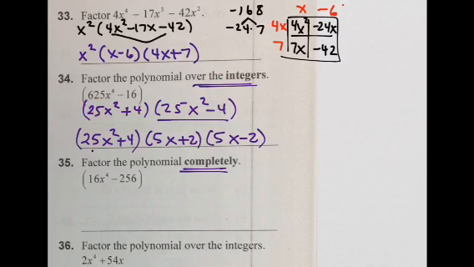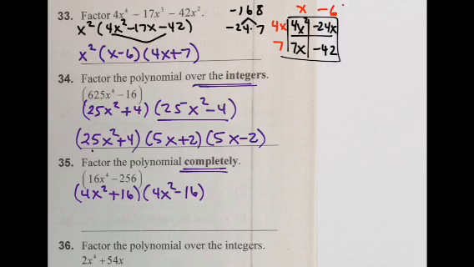For 35, the square root of 16x to the fourth is 4x squared. 256, the square root of that is 16. And then we got 4x squared minus 16. But because this one says we're going to factor completely, this first factor right here we could factor with imaginary numbers.